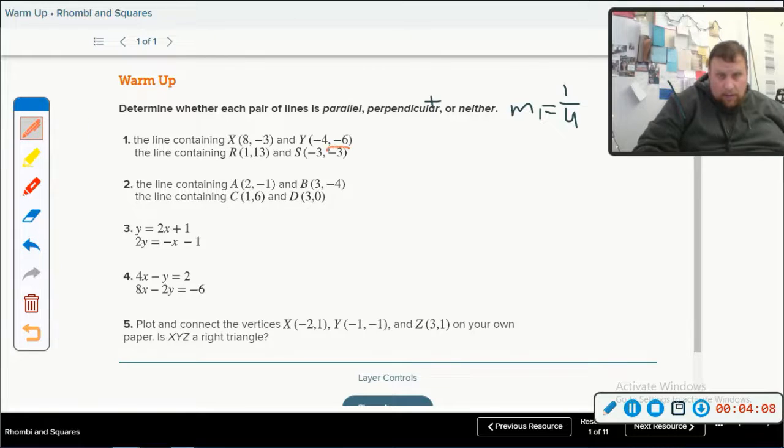It's going to be -3 minus 13, so -3 minus 13 all over -3 minus 1. So this equals what? -16 over -4, which equals +4.